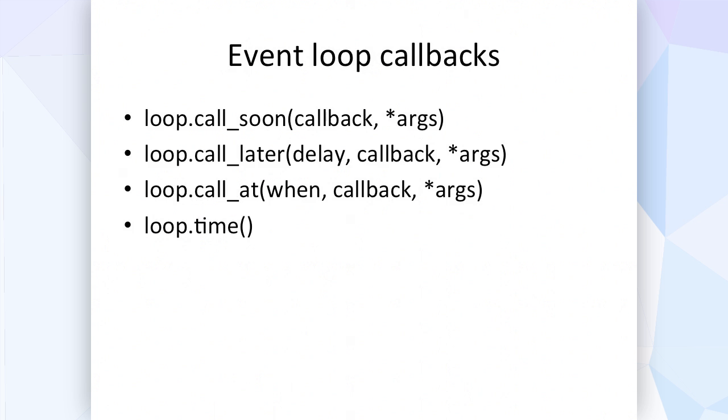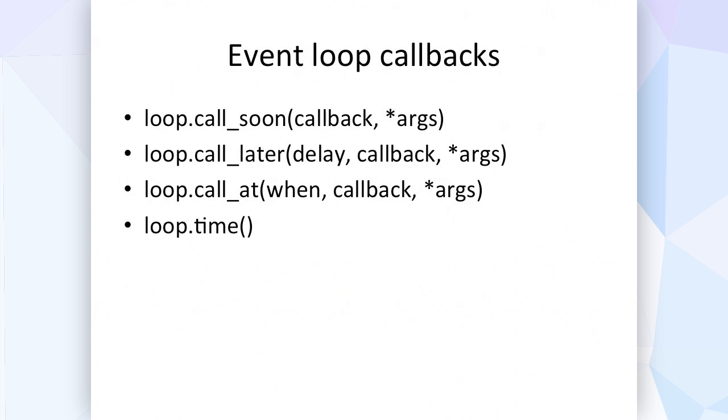So I tried to come up with the simplest possible API for scheduling plain and timed callbacks. You could say this is not minimal because call_later and call_at can be transformed into each other, but it turns out that depending on how the event loop is implemented, one or the other is more basic.